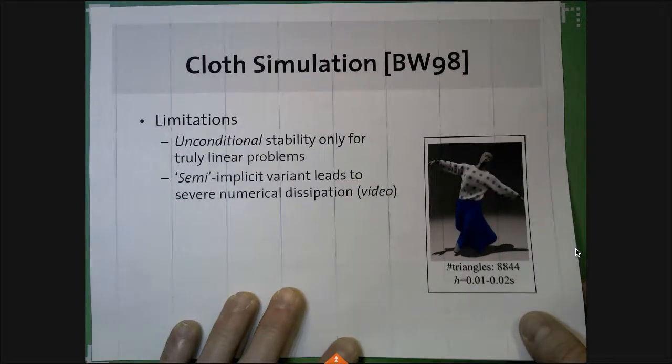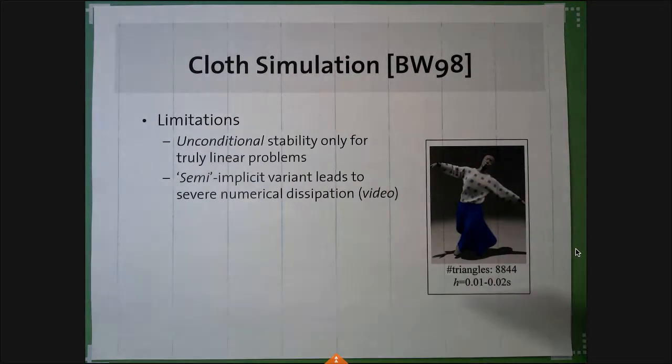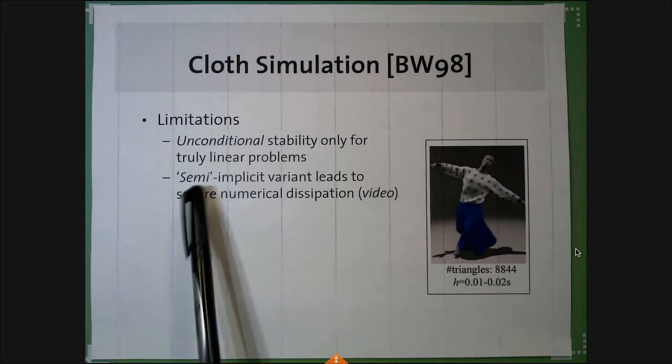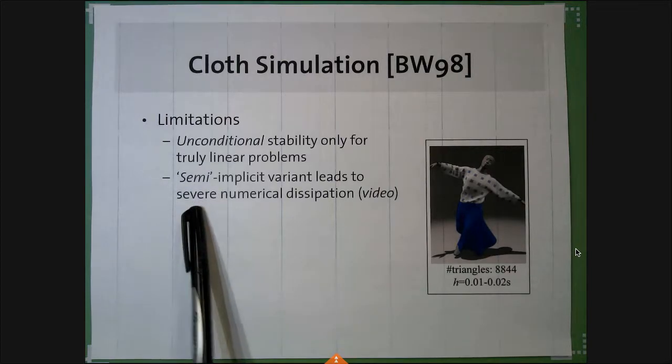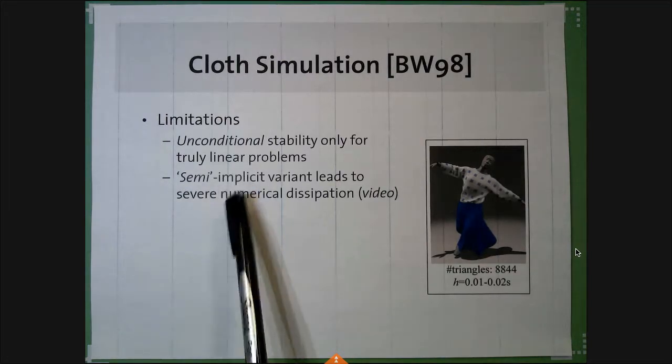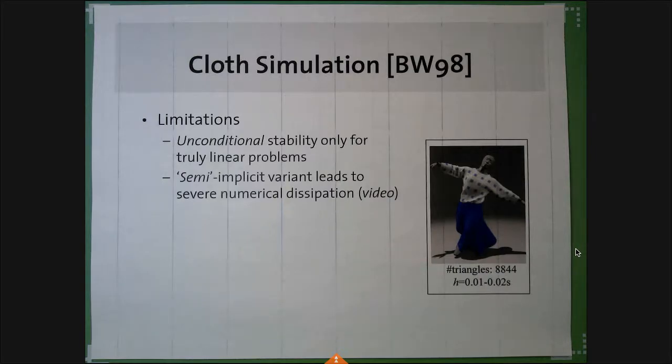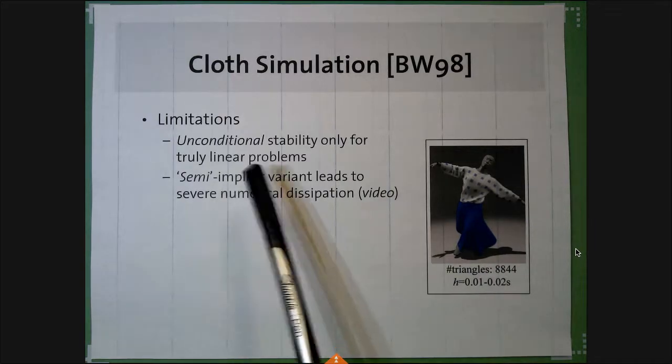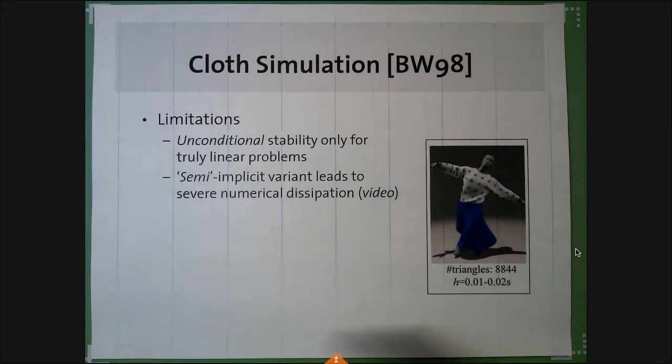The stability is not really guaranteed, especially if you are using just the semi-implicit variant. I guess you can guarantee it by decreasing the time step. And here it's actually much better than in explicit methods, because you don't have to decrease it so crazily as in explicit methods.